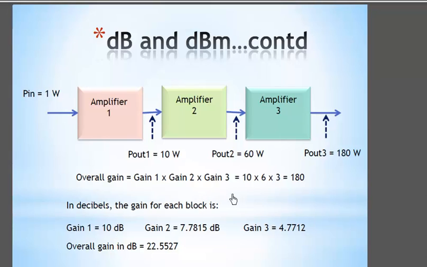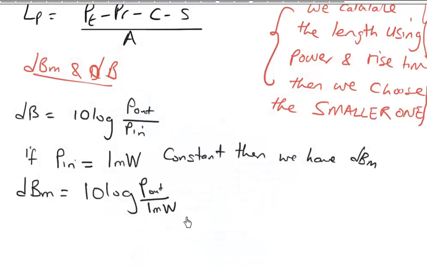Now I can get this back in dB. To get the total gain in dB, what do I do? 10 log 180 over 1, because 180 is the output and 1 is the input.